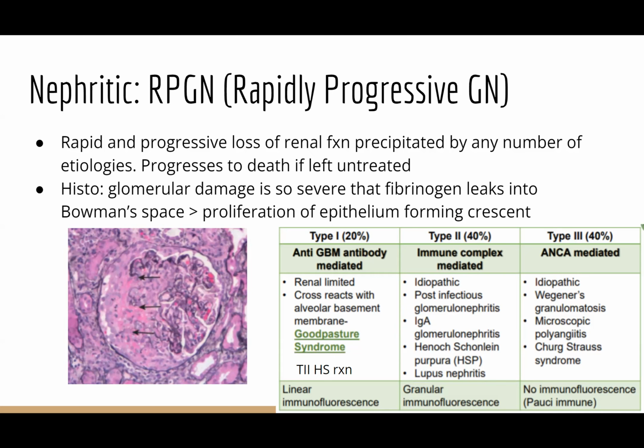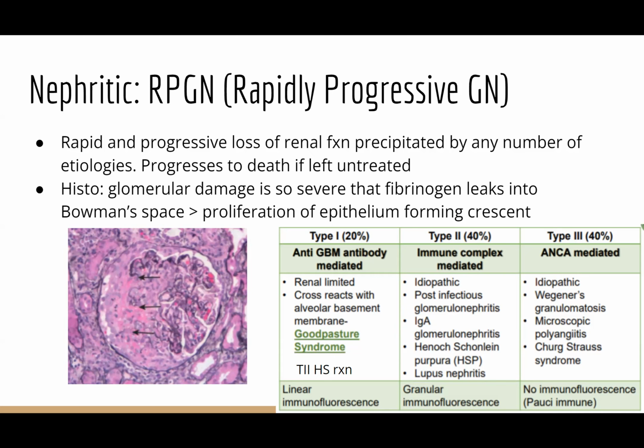Type 2 is immune complex mediated, so this is more going to be your post-infectious, your IgA, your HSP. This is all granular immunofluorescence. Essentially just know that those can develop into rapidly progressive glomerulonephritis. And then your type 3, or ANCA mediated, we've talked about those in the vasculitides.